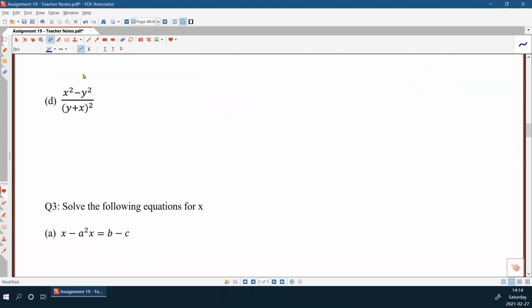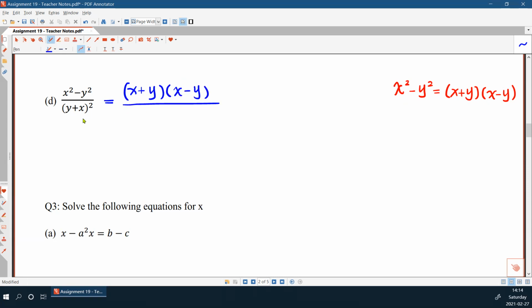Next one, remember that the formula says x squared minus y squared is (x plus y) times (x minus y), right? So this means we can convert the numerator here into the factored form, which is a product of (x plus y) times (x minus y), right? Okay, how about the denominator here?